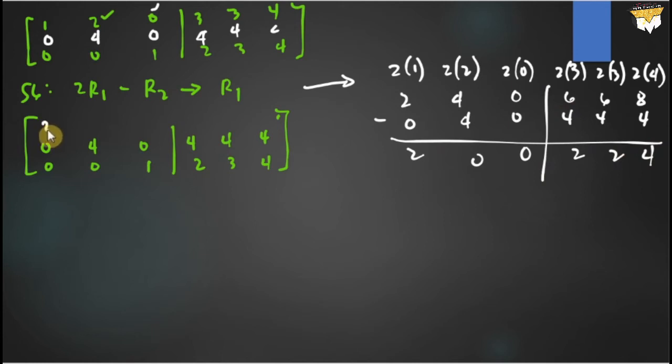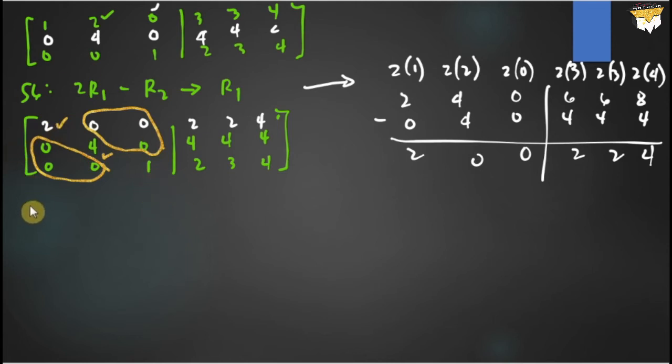This will become 2, 0, 0, then 2, 2, 4. Okay, so yung target natin na maging 0 ito, okay na. Target natin na maging 0 din to, ito, okay na rin. So, problema na lang natin itong dalawa, si 4 at saka si 2, para maging 1. So, simple na lang siya.